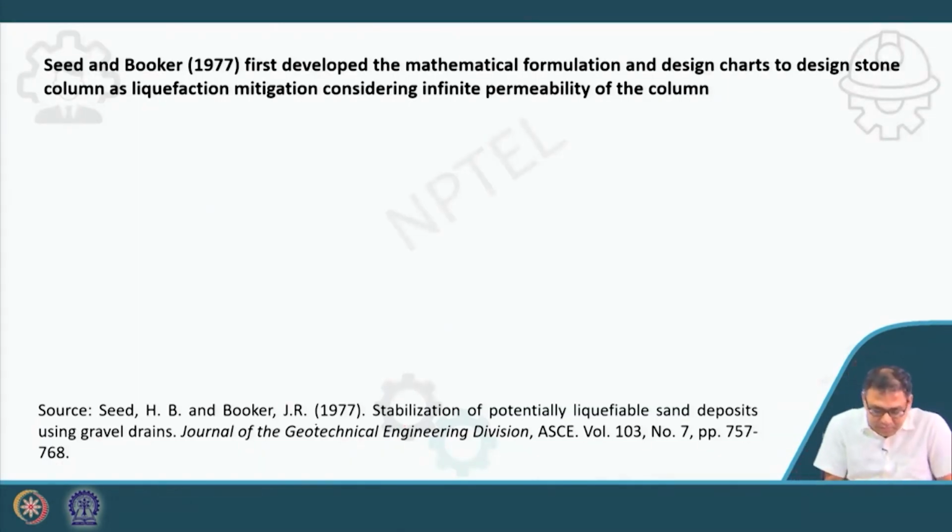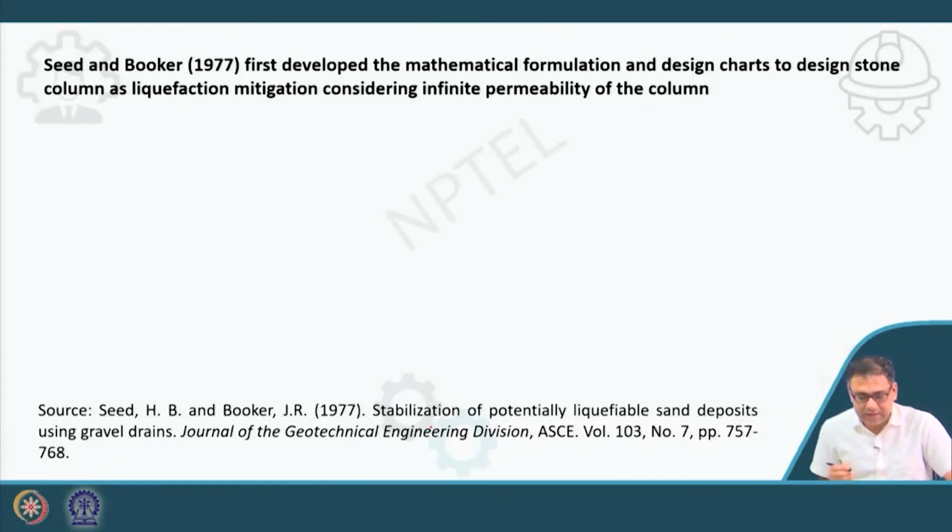So this is the reference: Seed and Booker, stabilization of potentially liquefiable sand deposit using gravel drains or stone column, published in Journal of Geotechnical Engineering Division ASCE, volume 103, number 7, pages 757 to 768.